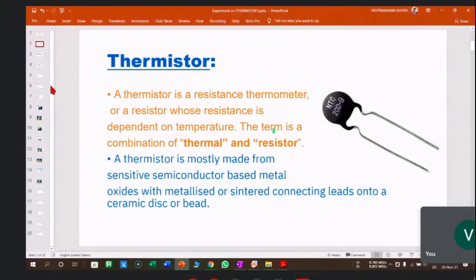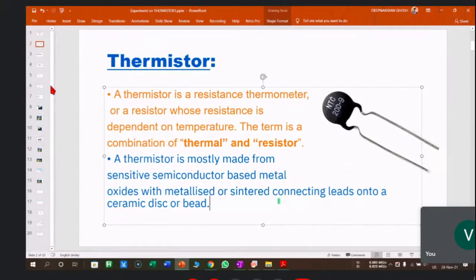A thermistor is basically a device with two terminals. It is mainly used as a temperature sensor, and it is a combination of thermal and resistor. It is mostly made of sensitive semiconductor, like some metal oxide or maybe silicon oxide.